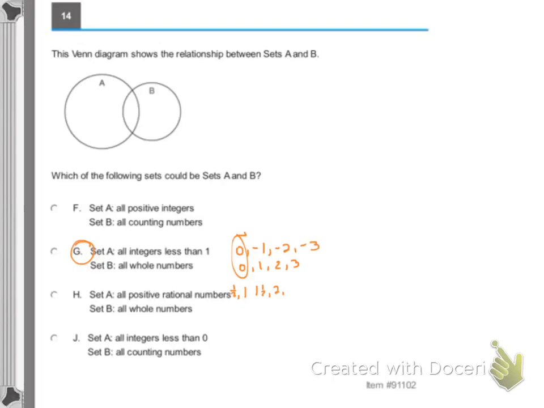I mean, you even have like 1600s, and then whole numbers would be 0, 1, 2, 3, 4. All right, so would that work? No, it wouldn't. And then J, set A, all integers less than 0, so that's like -1, -2, -3. Set B, all counting numbers, 1, 2, 3. They have nothing in common, so J wouldn't work.